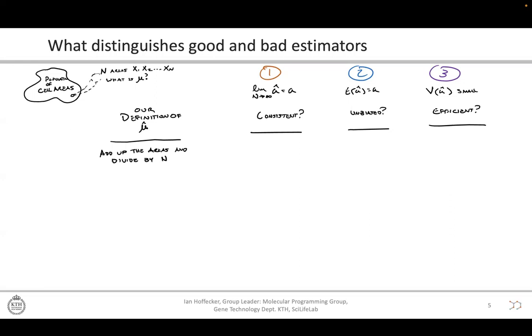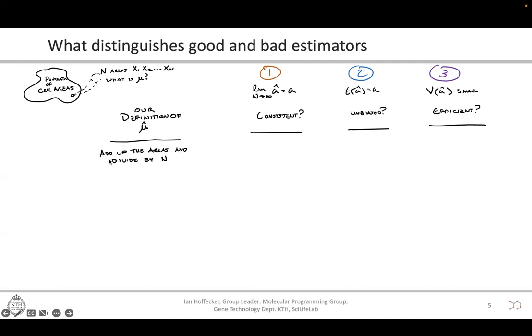And we are trying to figure out what mu could be. And so we have different possible estimators that we could use here. So here we have, in this column, we're going to propose different definitions of an estimator for mu, a mu hat. And we're going to examine the criteria that we discussed in the previous slide to see whether this is a good estimator or a bad estimator.